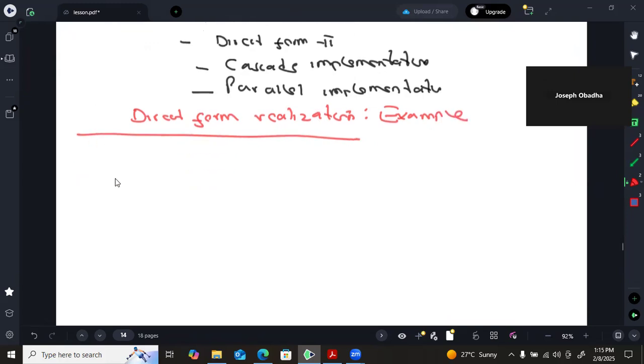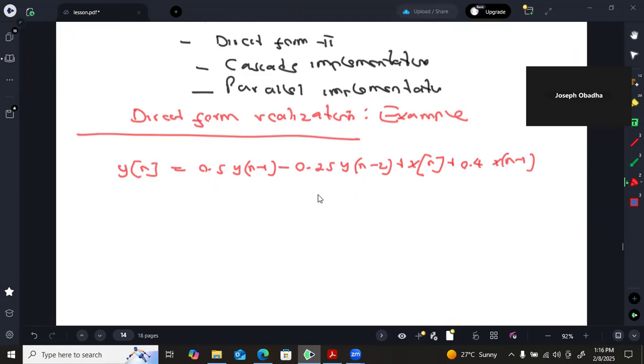Let's say I have y of n equal to 0.5 y of n minus 1, minus 0.25 y of n minus 2, plus x of n plus 0.4 x of n minus 1. So this is the one that we want to realize.